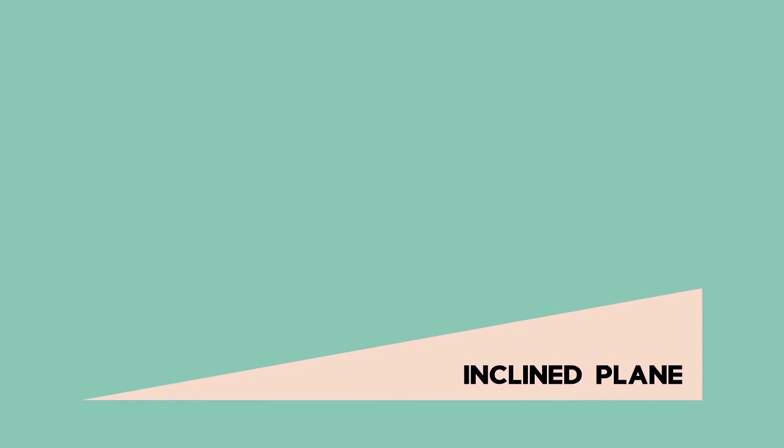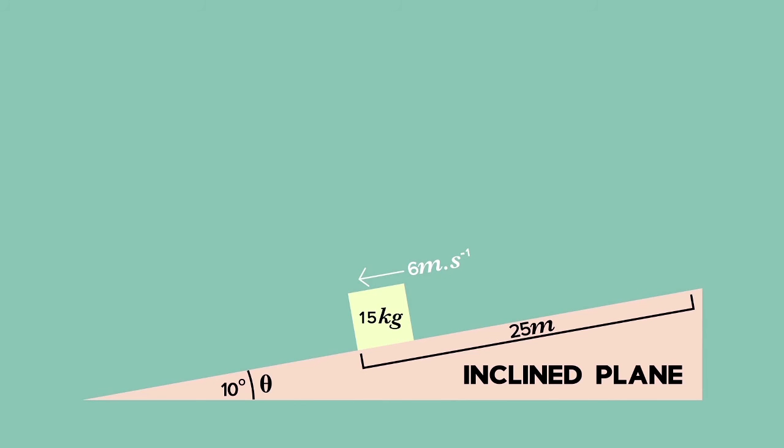Let's now tackle an object moving on an inclined plane. A 15-kilogram block slides down a rough plane surface which is inclined at 10 degrees to the horizontal. The block starts from rest and reaches a speed of 6 meters a second when it has traveled 25 meters down the slope.